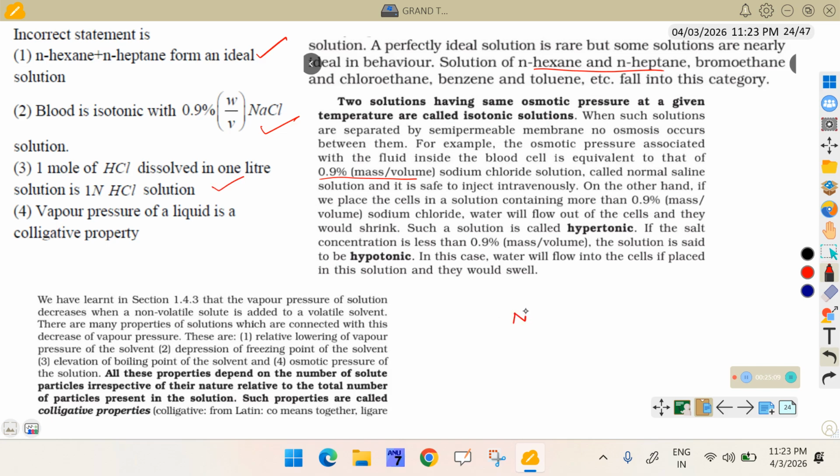The relation between normality and molarity is normality equals molarity into n, where n represents acidity or basicity. For HCl, the number of replaceable hydrogen atoms is equal to 1. So normality is equal to molarity into 1, then normality is equal to molarity. Correct. Vapor pressure of a liquid is a colligative property. No, vapor pressure of a liquid is not a colligative property.